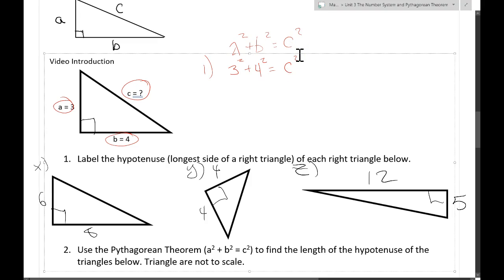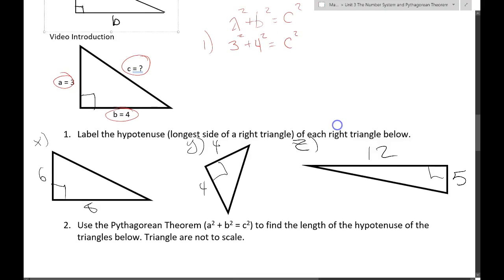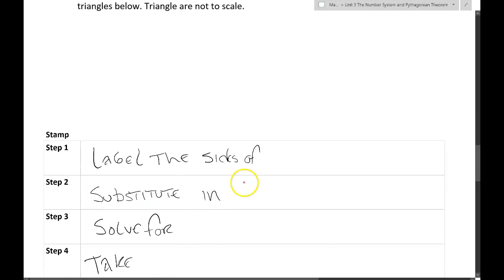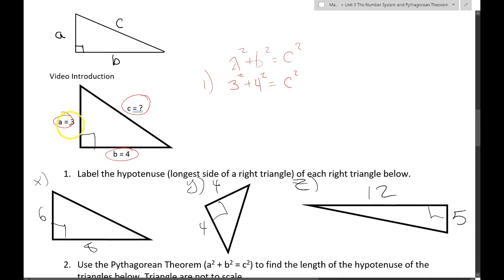Basically what I just did is plug what I knew in where it needed to go. I substituted in the values of the sides. I have A, which is 3, B, which is 4, and C, which we're trying to solve for, and I'm squaring all of them.